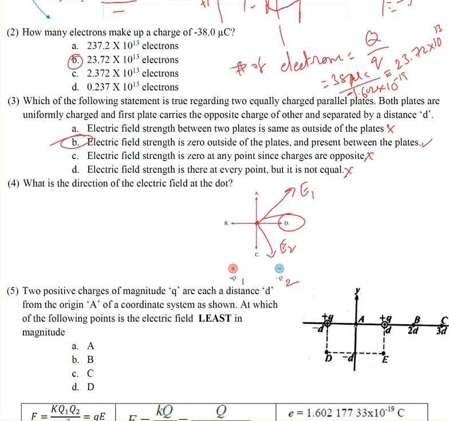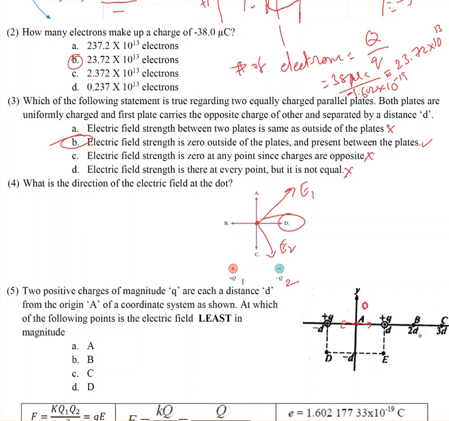At point A, because of Q1, the field is going to go away in this direction. Because of Q2, it's going to go in this direction. And those two quantities are the same because Q is the same and distance d is the same. So here I can say that the magnitude is 0.